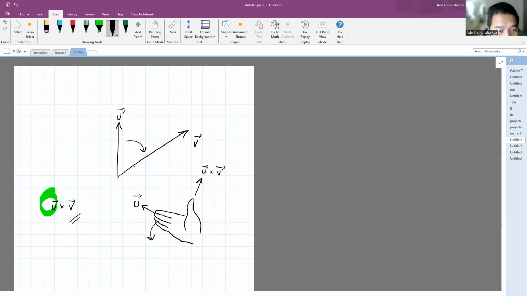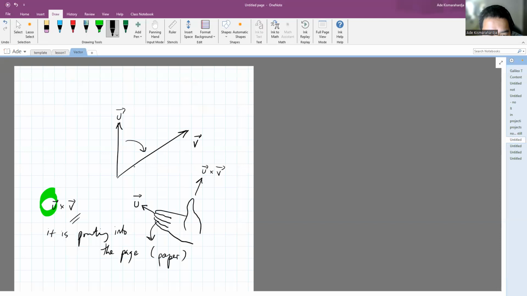So in this case, when you do a cross product of U cross V, it is pointing into the page, into the paper. So it's going into the screen, it's going into the paper, it's going into the page.